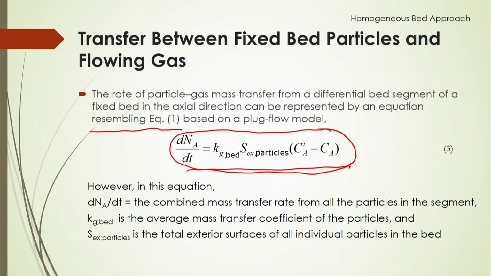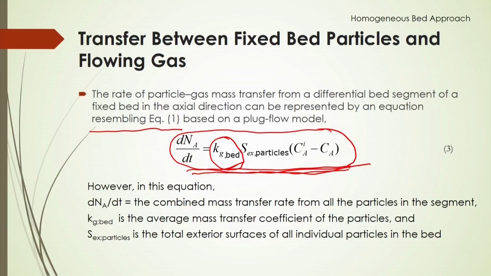In that case, the mass transfer phenomenon can also be governed by this equation. Now, Kg bed is the mass transfer coefficient of the gas for the fixed bed condition. However, in this equation, dNA by dt is the combined mass transfer rate from all the particles in the segment, because in a fixed bed, not only one particle but more than one particle will be there.